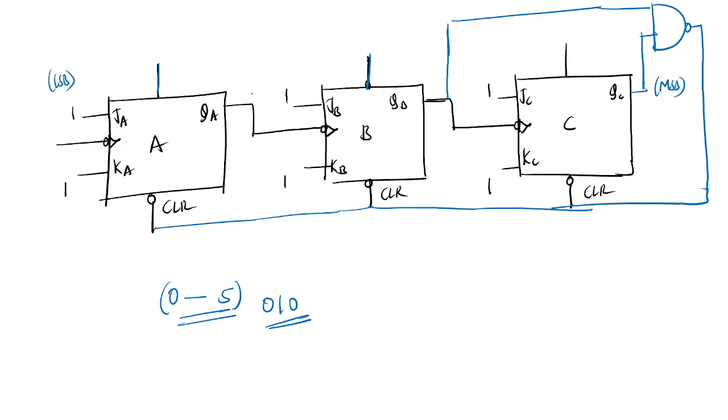So 1 and 0 for the NAND gate, whole bar: 1 and 0 is 0, whole bar is 1. So 1 is given to all the clear signals, which means it will be in deactive state. It will do normal count only, so from 2 to 3 it will count.